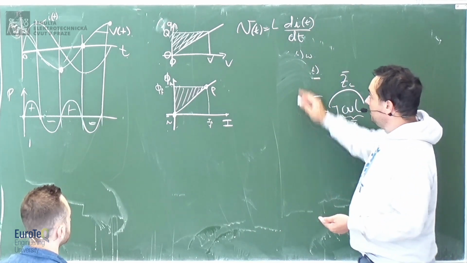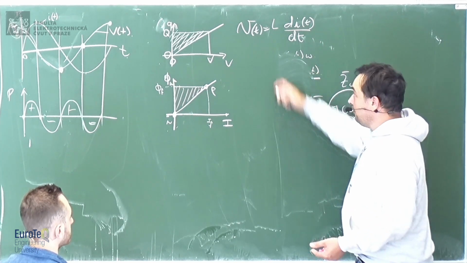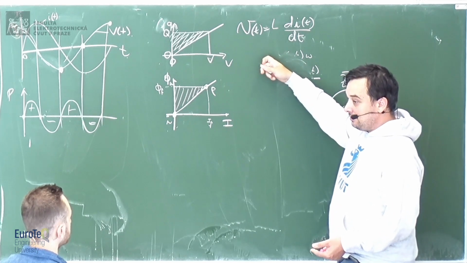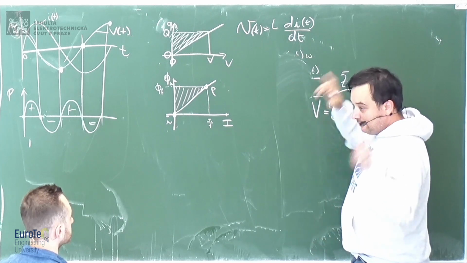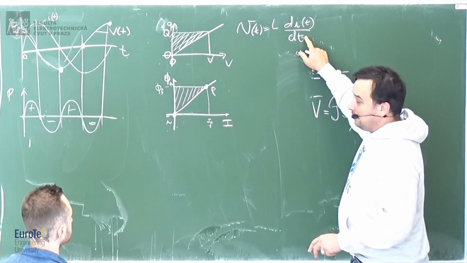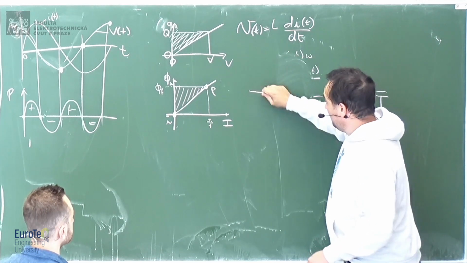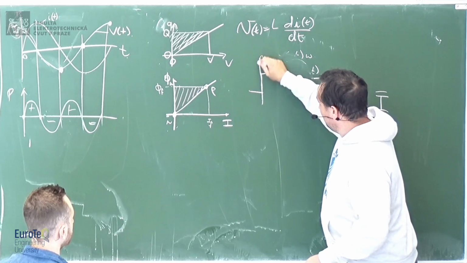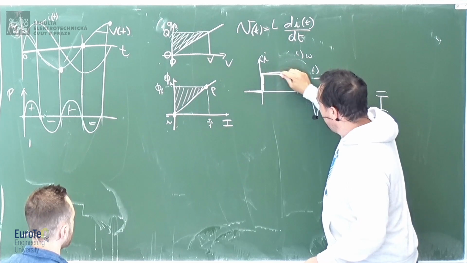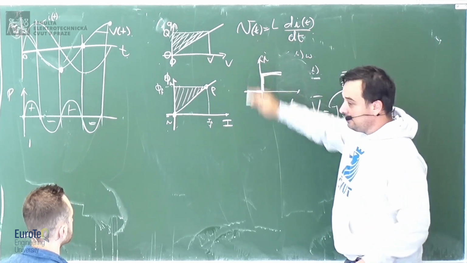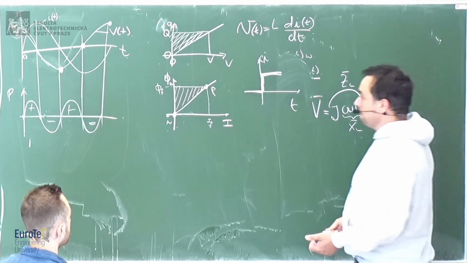If you try to change the current instantaneously, you would require infinite voltage, because the derivative of the current would be infinite. If you have a current which changes in time as a step, the voltage would be infinite, which is not possible, okay?